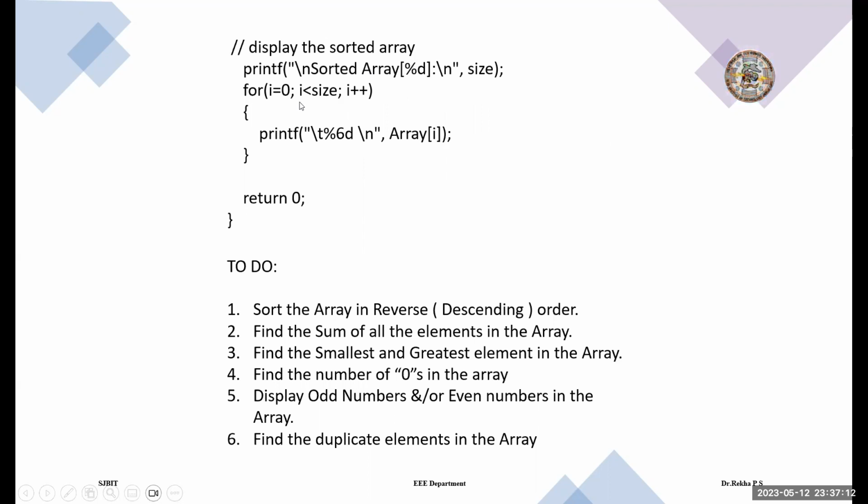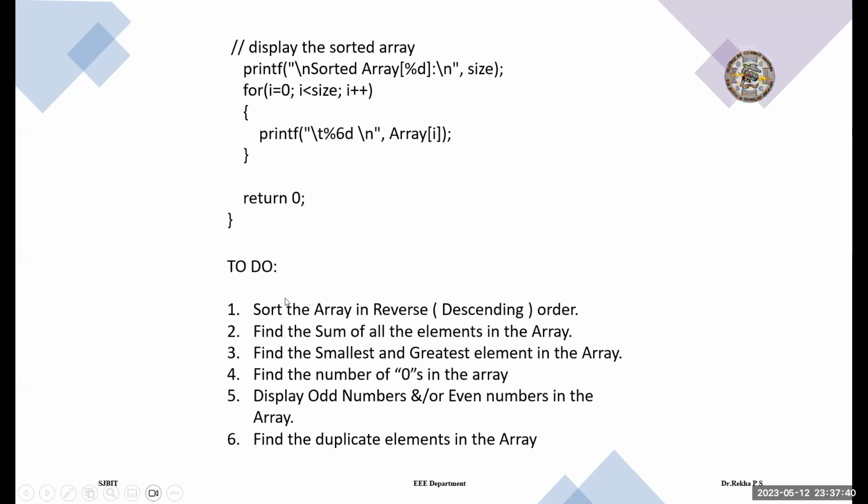Now for i equal to 0, the sorted elements are to be printed. It will check the condition, and print array of 0, next array of 1, next array of 2, till this condition fails. Once it's done, it will come out and exit the program.